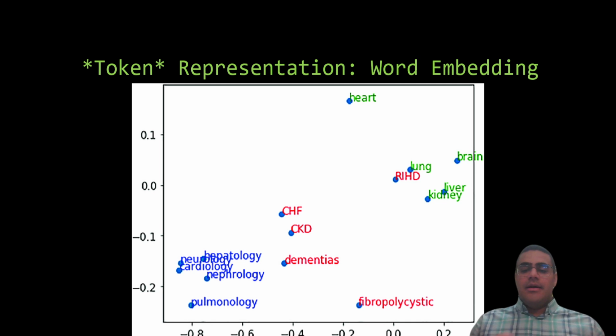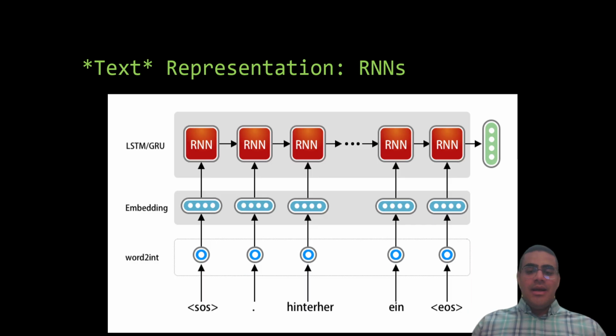So the word embedding model was able to map these words into vectors in this embedding space such that the distance between them has meaning. This is what word embedding does basically.